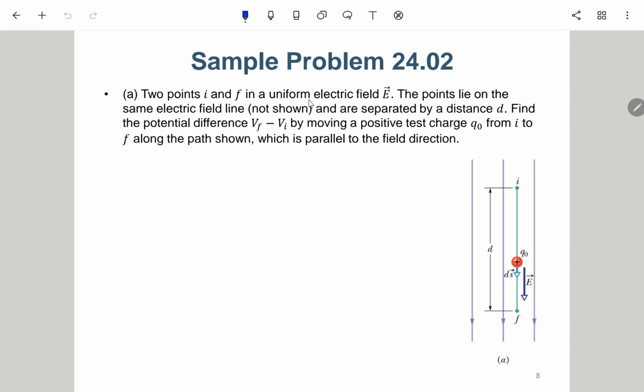Okay, so here we have another sample problem. For part A, it asks: two points I and F in a uniform E field.